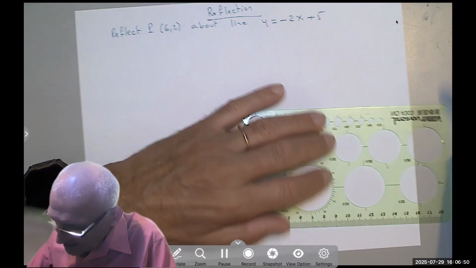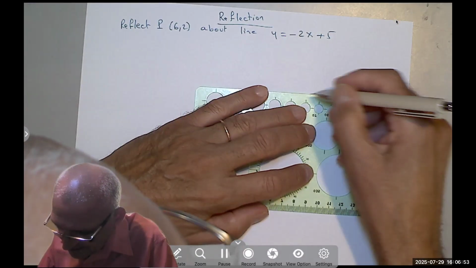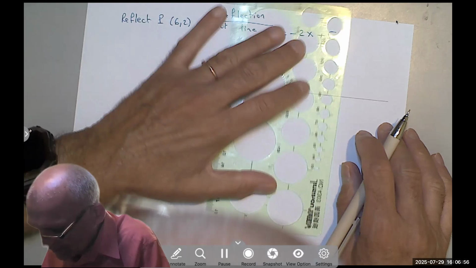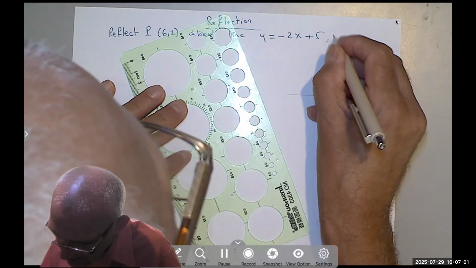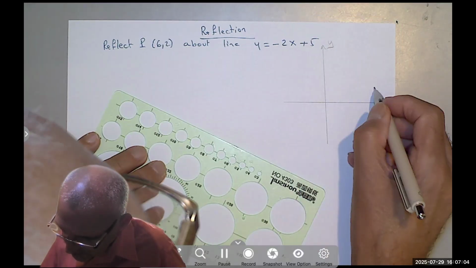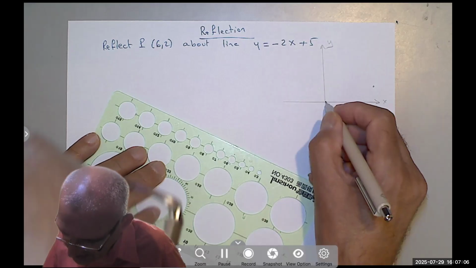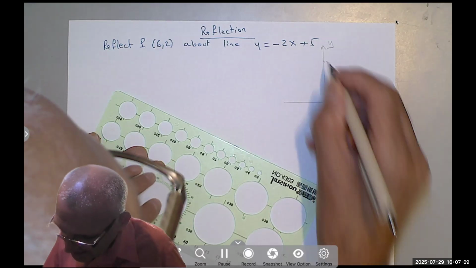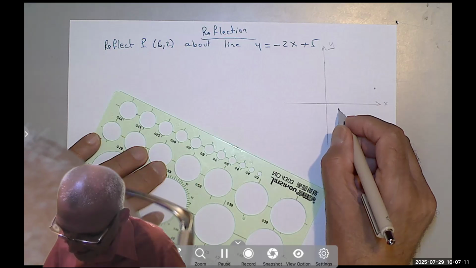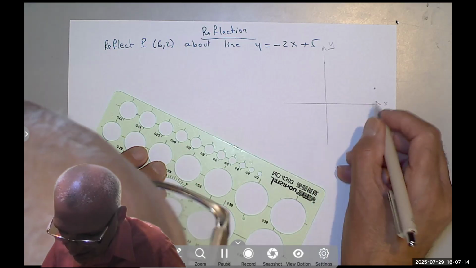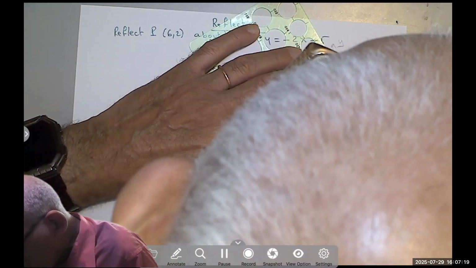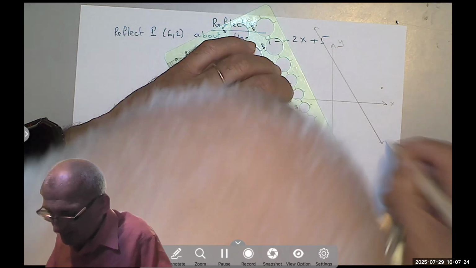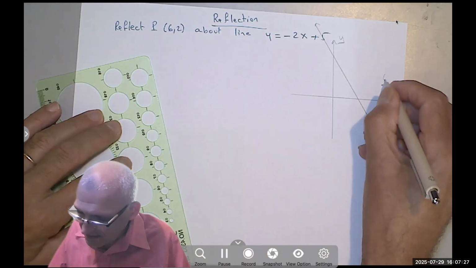So let's quickly try to see what's going on here. I have my x and y. Point 6 and 2, maybe something here. I have 0 and 5. So that would be 3 and negative 1, something like that. So reflect it over this line, or this axis. This is 6 and 2.